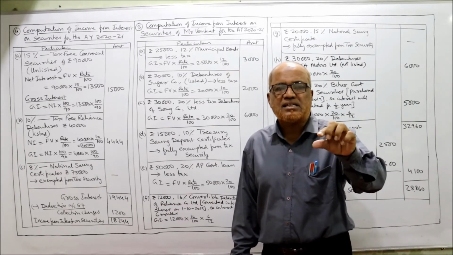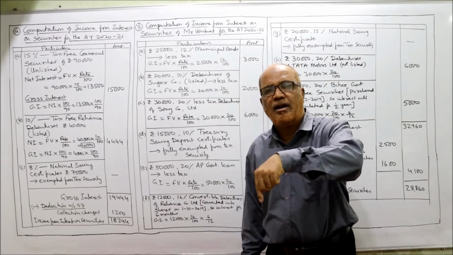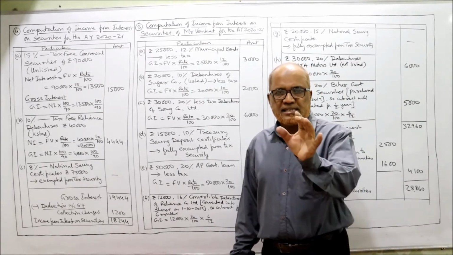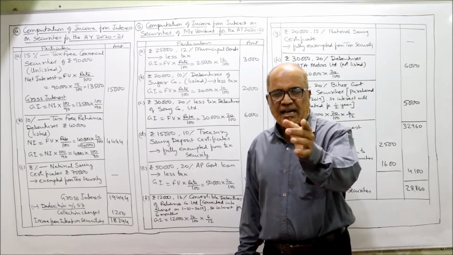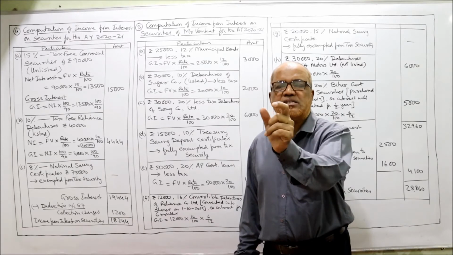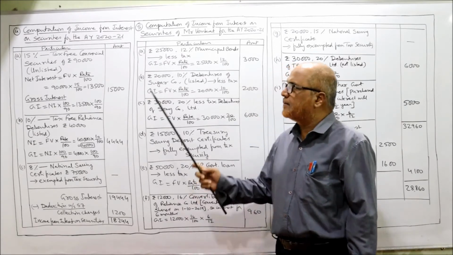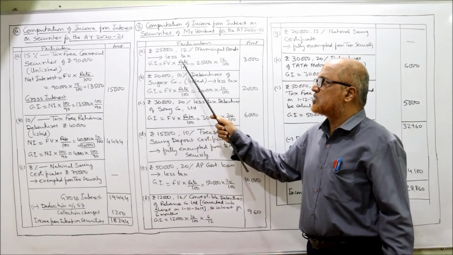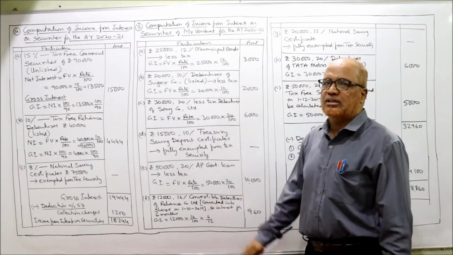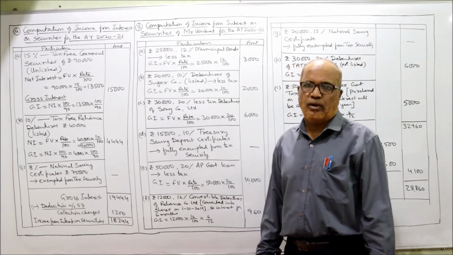And for less tax security, whether it is government or commercial, 1 step. GI is equal to face value into rate by 100. 25,000 into 12 by 100. It comes to 3,000. First security over.